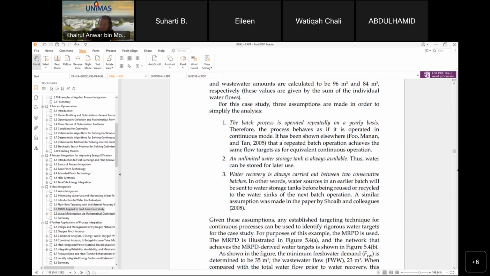The second assumption is that an unlimited water storage tank is always available, thus water can be stored for later use. The third assumption is that water recovery is always carried out between two consecutive batches. In other words, a water source in an earlier batch will be sent to the water storage tank before being reused or recycled to the water sink of the next batch operation.